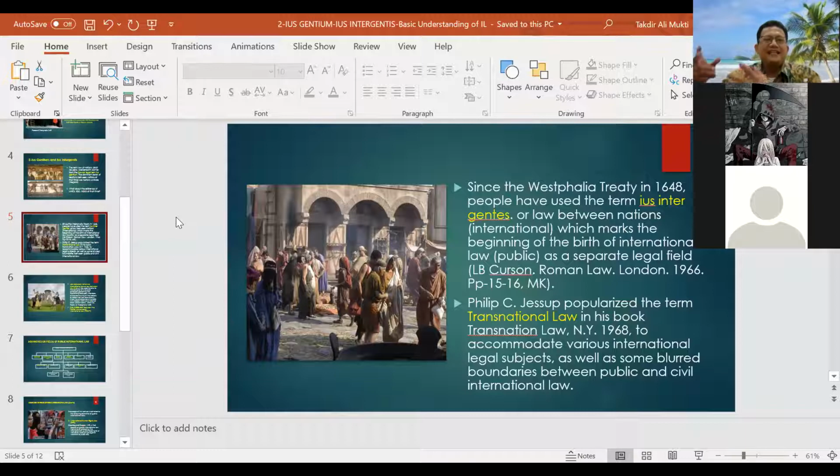After the VOC, the Dutch and Indonesia became independent. When you were in secondary and high school, maybe your teacher stated that Indonesia was occupied by the Dutch for more than 350 years.